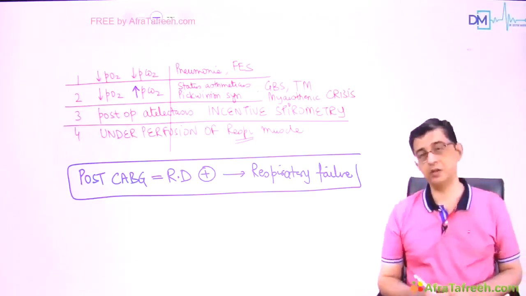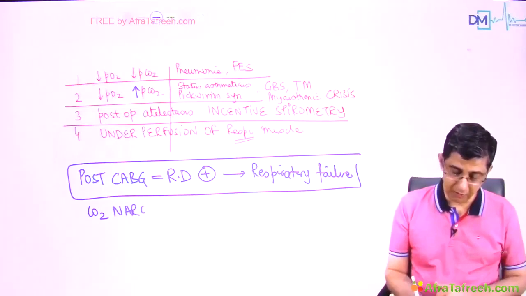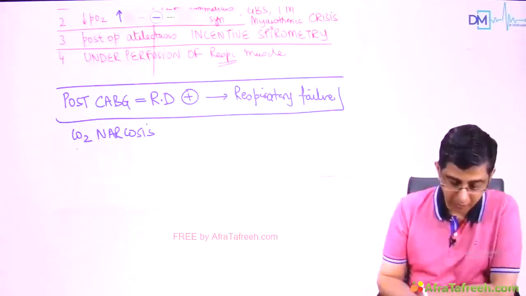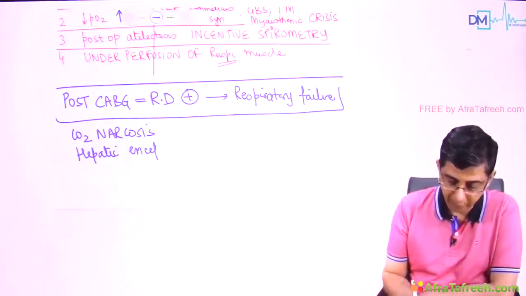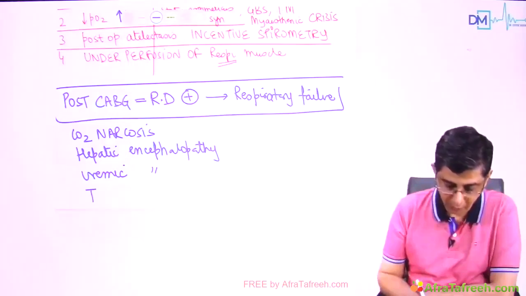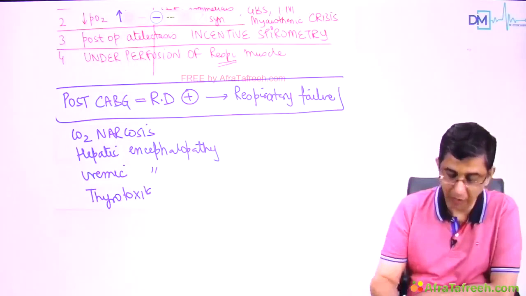Carbon dioxide narcosis can also result in development of asterixis. In fact, 3 causes of asterixis that can be remembered by you are carbon dioxide narcosis, hepatic encephalopathy, and uremic encephalopathy. The 4th I can give you, for all except MCQs, is thyrotoxicosis or pheochromocytoma.